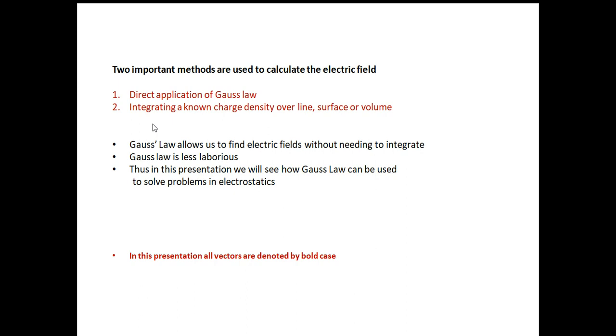Or another way is integrating a known charge density over line, surface, or volume. Now, Gauss's law allows us to find electric field without needing to integrate. That is the advantage of Gauss's law. Gauss's law is less laborious. We don't have to do many integrations. We can quickly calculate the electric field, but there are certain restrictions also.